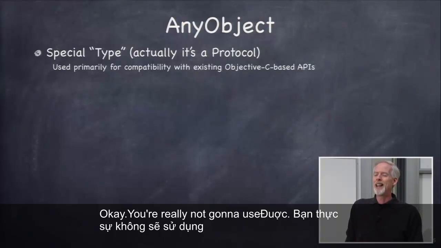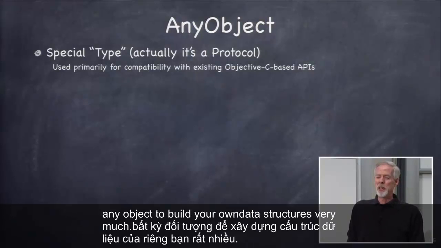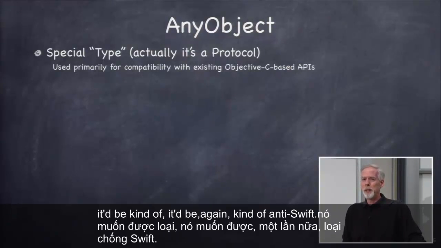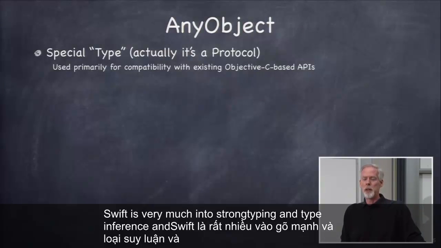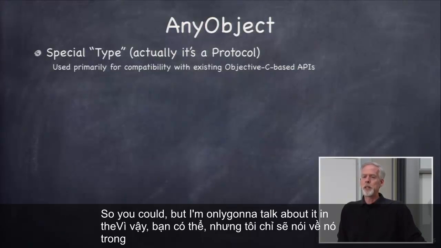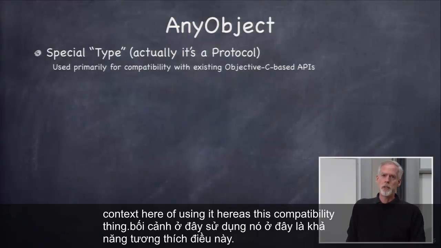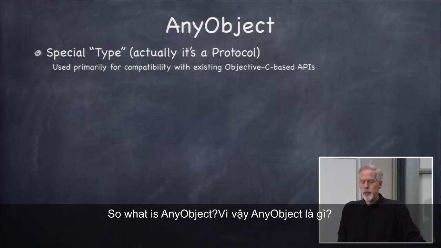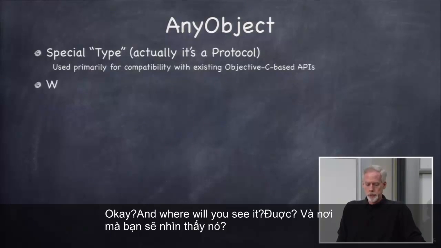Okay? You're really not going to use AnyObject to build your own data structures very much. I suppose you could, but it'd kind of be, again, kind of anti-Swift. Swift is very much into strong typing and type inference and all that. So you could, but I'm only going to talk about it in the context here of using it as this compatibility thing.